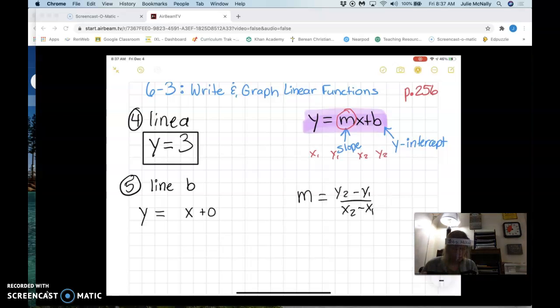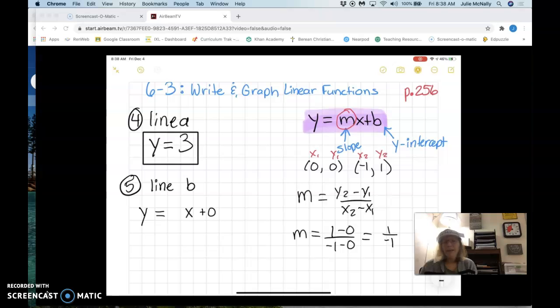And then let's do the slope. So we know one of the points is 0, 0. And it looks like another point is -1, 1. Okay. So let's solve this formula with those points. 1 minus 0 over -1 minus 0, which equals 1 over negative 1.